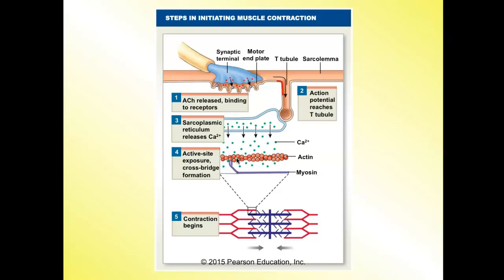So that's why it's called the sliding filament theory, because the actin slides past myosin and meets in the middle. So calcium is required for that binding to happen, okay?